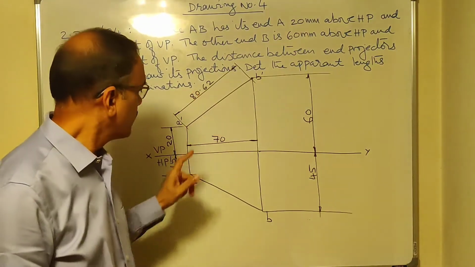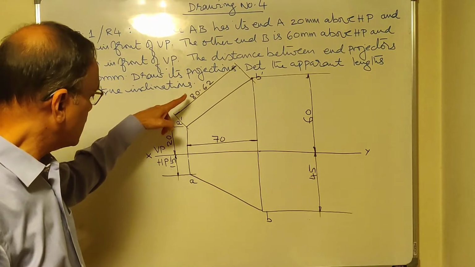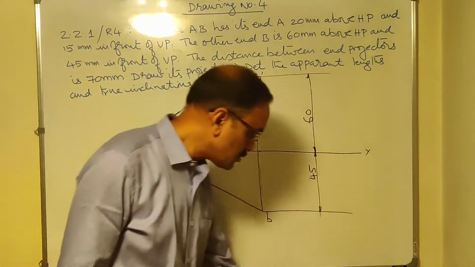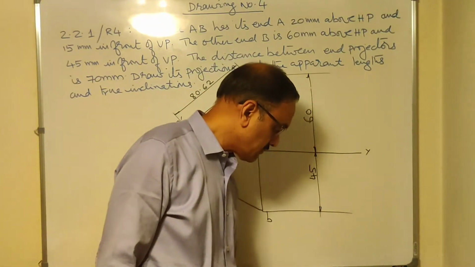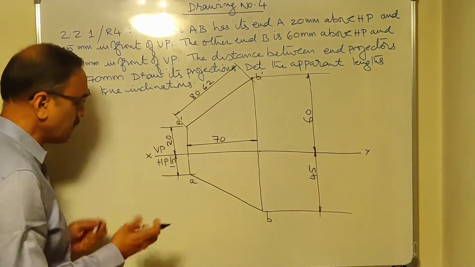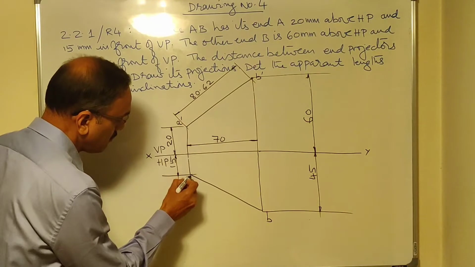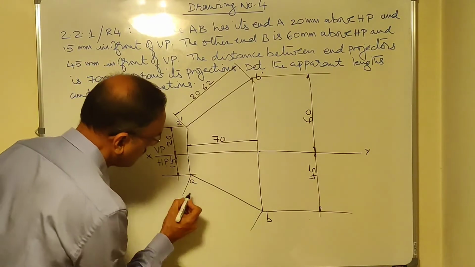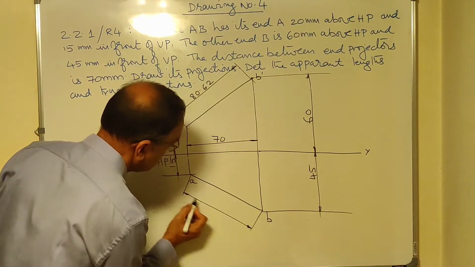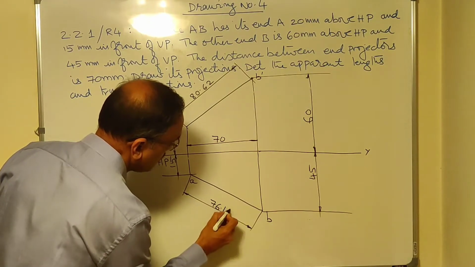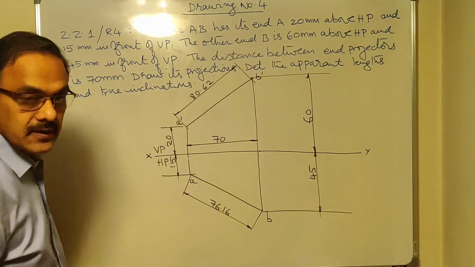Okay. Then one of these dimensions I got, and AB should be 76.16. So let me measure this also. This has to be 76.16. You need not write mm. Okay.